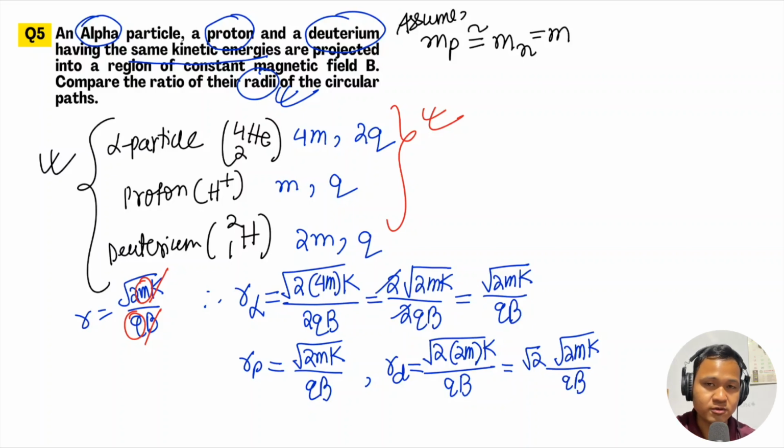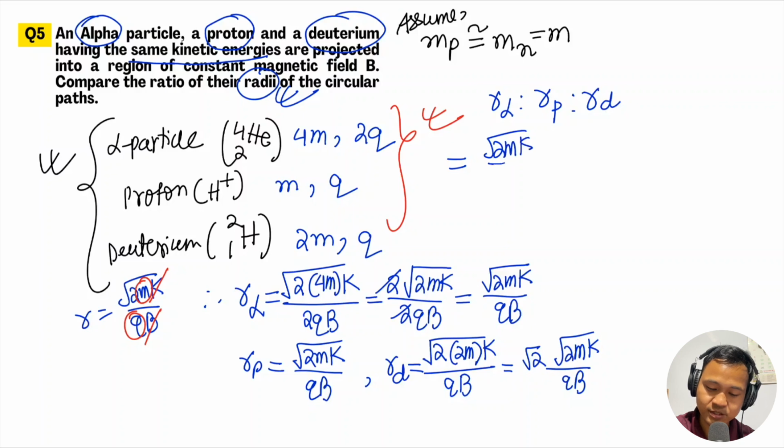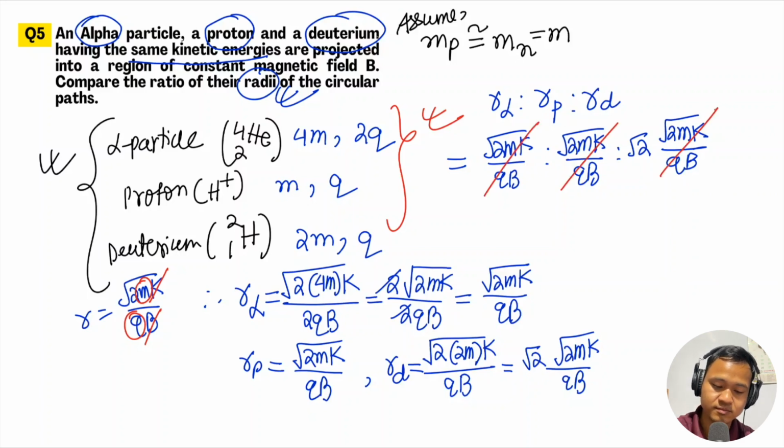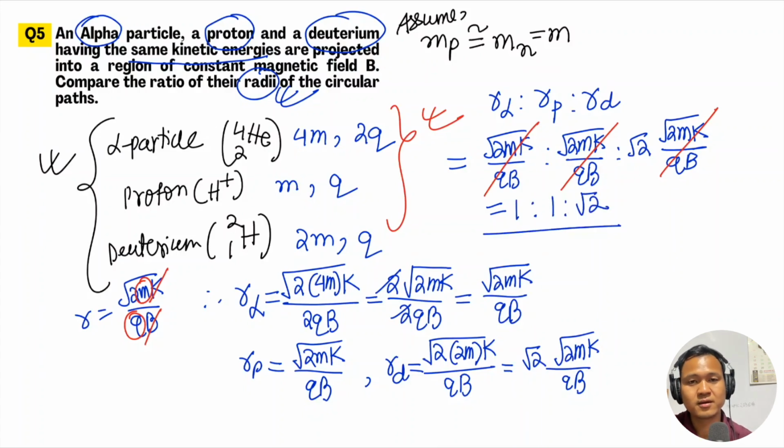Now let's compare the ratio: R alpha to R proton to R deuterium is root over 2mK by qB, root over 2mK by qB, and root 2 into root over 2mK by qB. The common terms cancel out. The final answer is 1 : 1 : root 2.